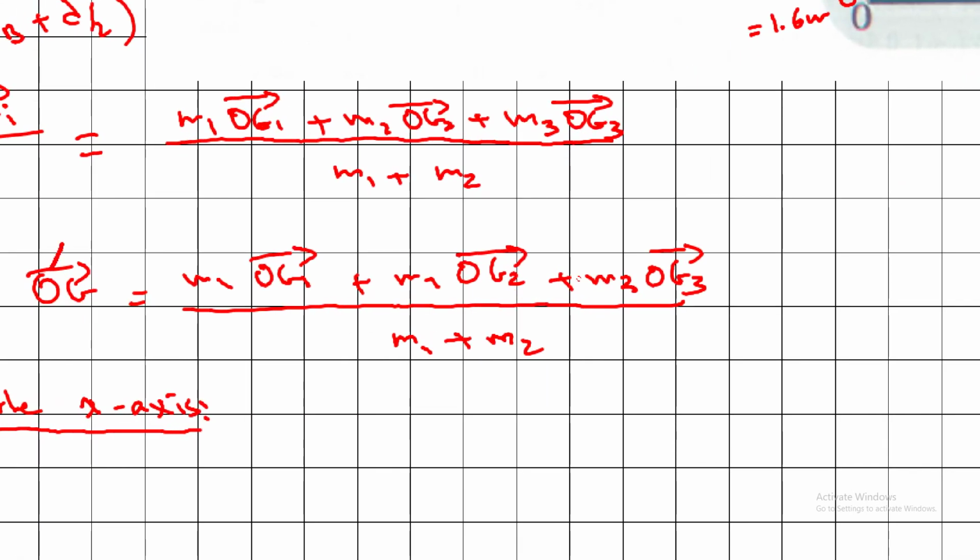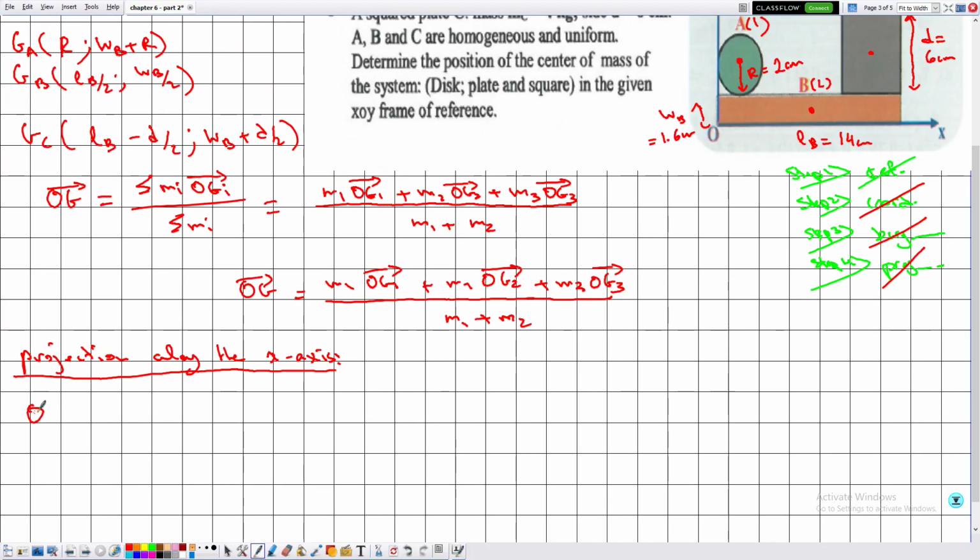So we drop down the vectors and each vector quantity will carry the label x. Now M1 represents the mass of the object A, which is MA.